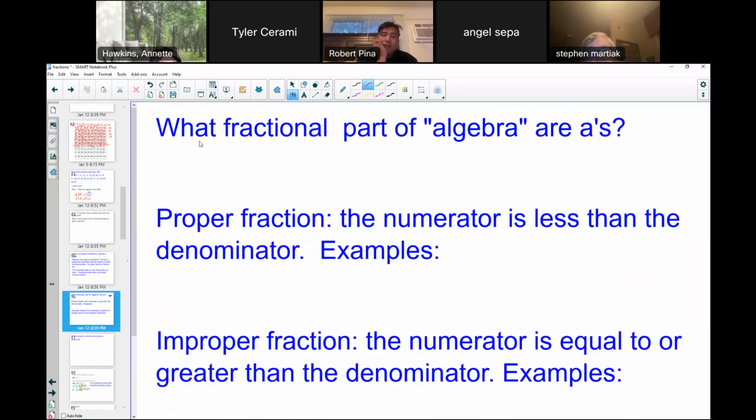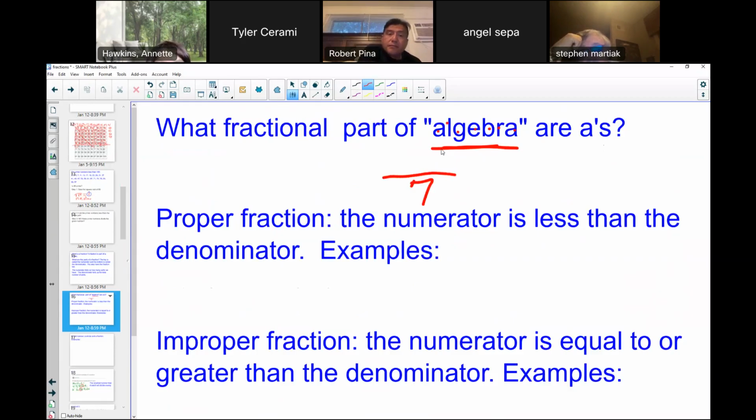So let's test our knowledge. It says, what fractional part of algebra are A's? Okay? What fractional part of algebra are A's? So algebra would be the whole. Okay? The denominator is the whole. So we've got 1, 2, 3, 4, 5, 6, 7 letters.